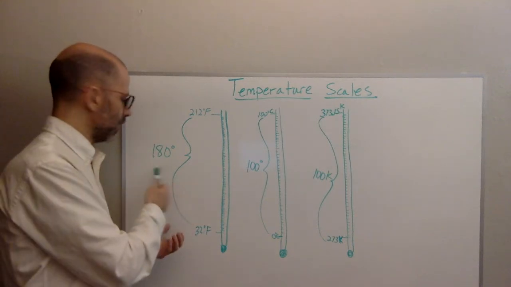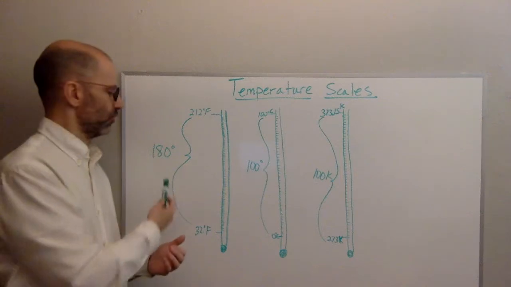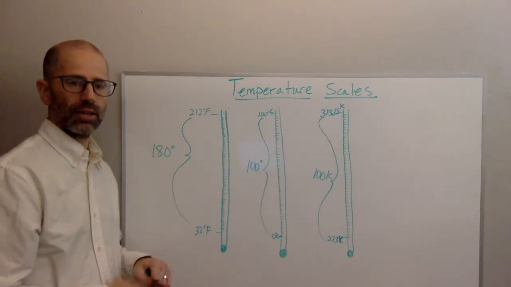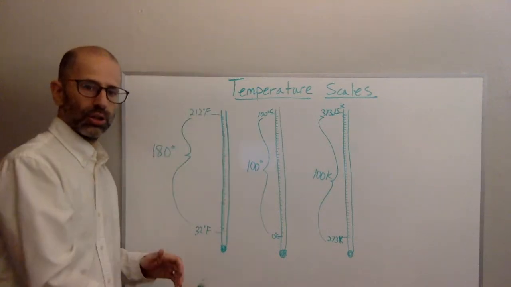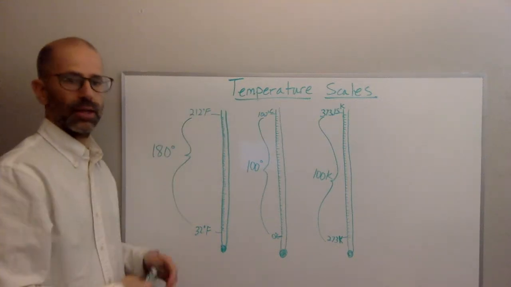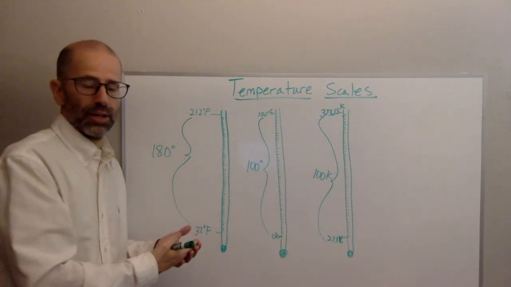Now, I'm not sure why that is. The first thought that comes to mind is that 180 degrees is the line through a circle. If you cut the circle in half, the circumference is 180 degrees. So maybe that is why they did 180 degrees.